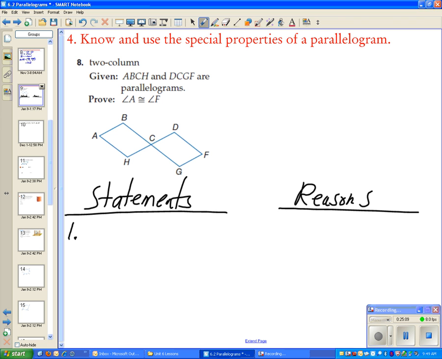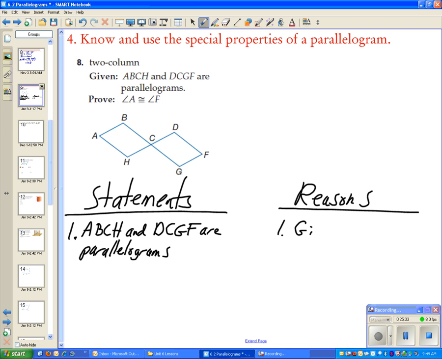What are we going to put as our first statement? The given. So we write ABCH and DCGF are parallelograms. Reason one, given. All right, now, statement two. All right, let's plan this out before we get to statement two.